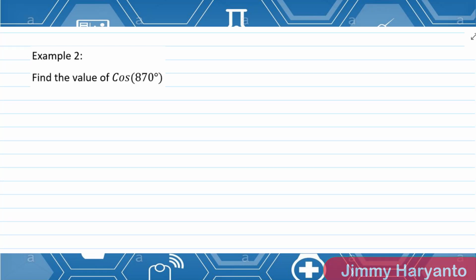Next is cos 870 degrees. I have to make this into a small angle. It will be cos 870 degrees minus 360 degrees equals cos 510.